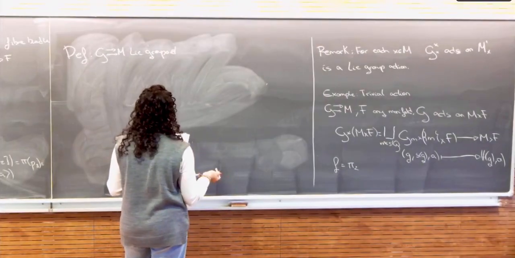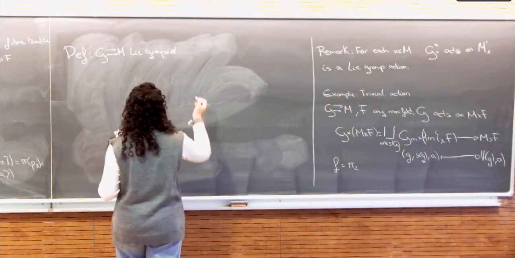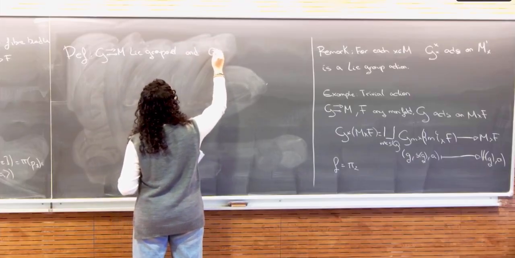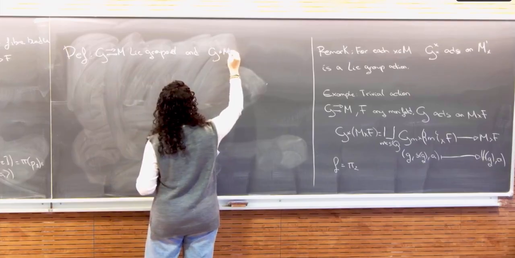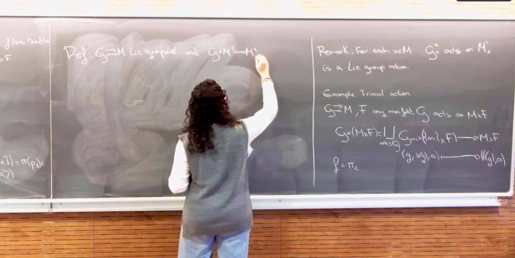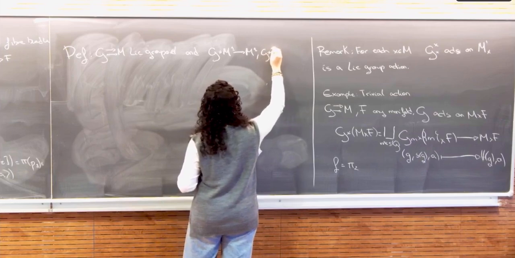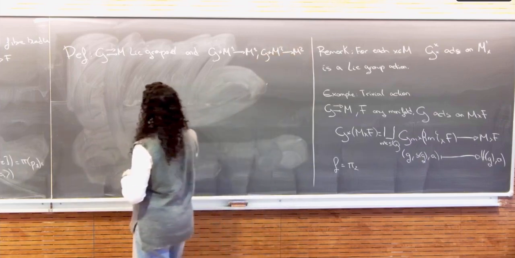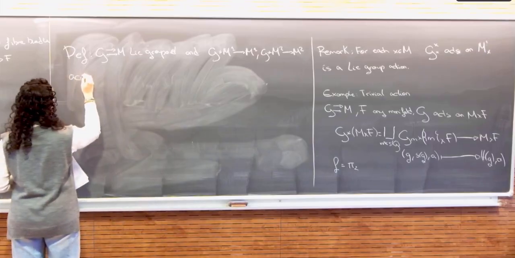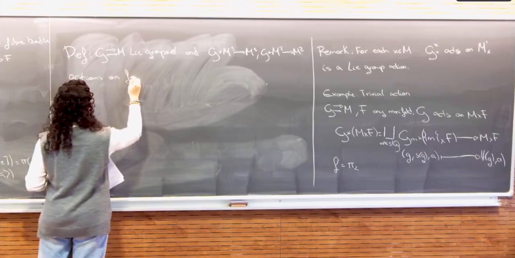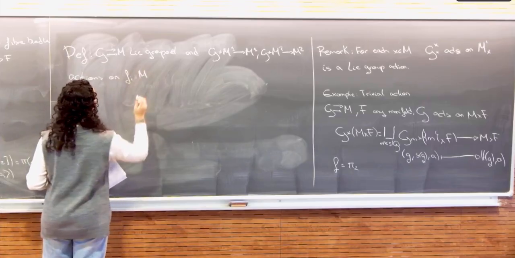We have a Lie groupoid that acts on two manifolds, on two different maps.